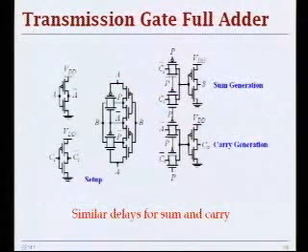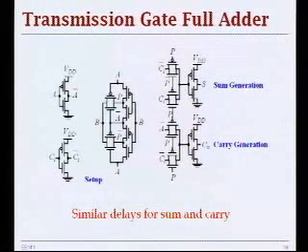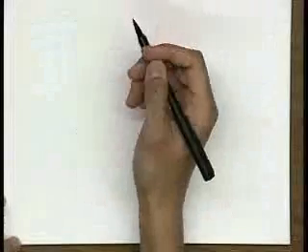And then you can create larger and larger structures using pass transistors, in this case a transmission gate full adder. You will learn a lot about full adders later in the course when you get to arithmetic circuits. But just to illustrate how they got this, let's go back here.